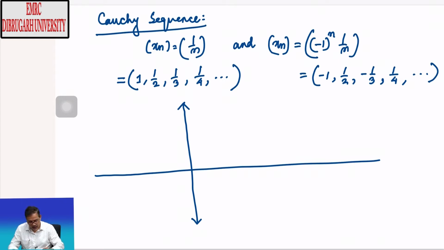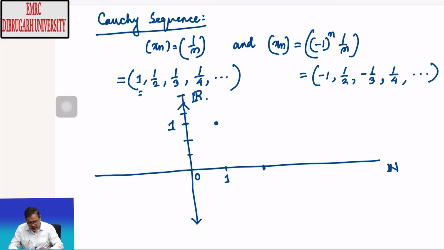What is that? The first point, suppose this is 0. This is along n, and these are the real numbers of the sequence. At 1 it takes the value 1.